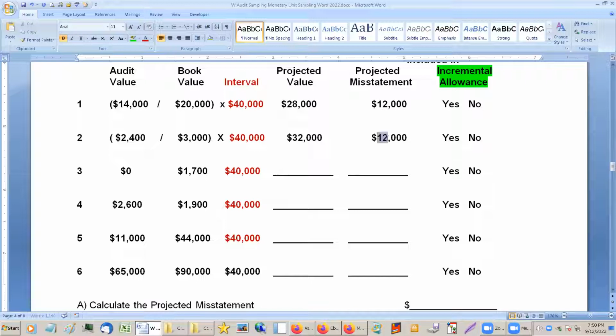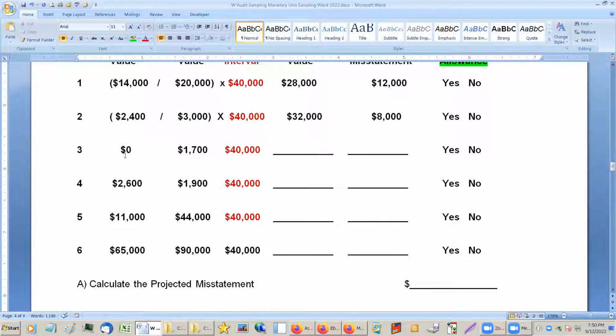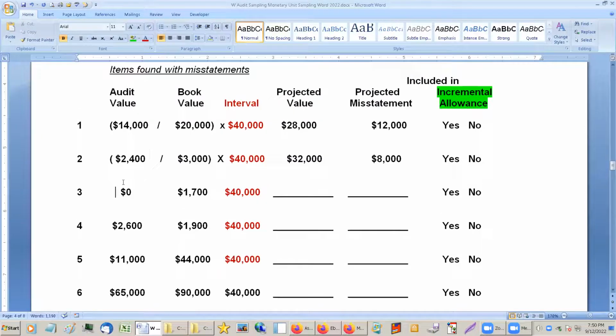This is what, 8? Okay, this one here, notice that the audit value is 0, so this account is worthless. I gotta make a statement on this one though for a second.